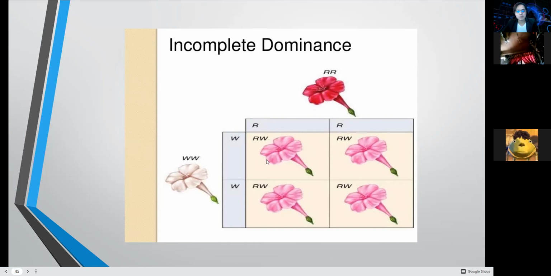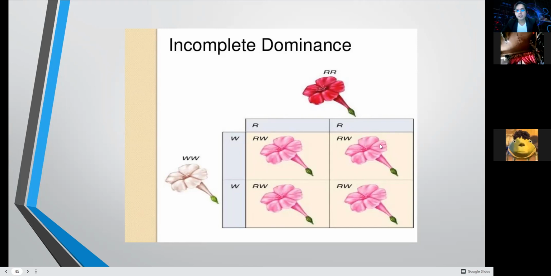So that's incomplete dominance. The phenotype expressed there is actually covered up. You will have your expression covered by these alleles. You're going to look at it, there's no white or no red there.